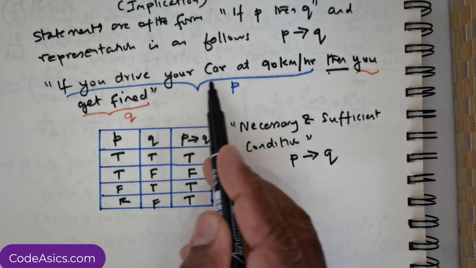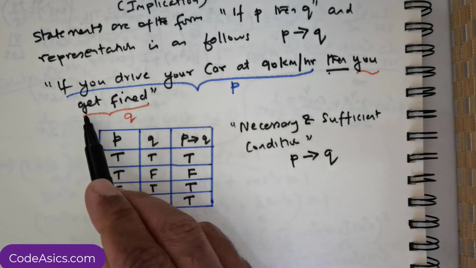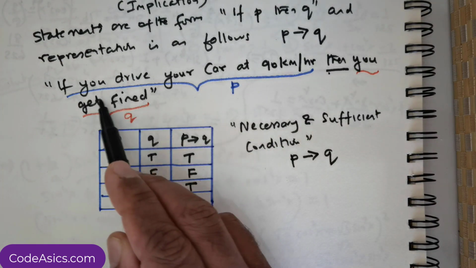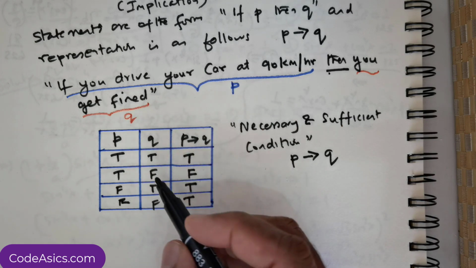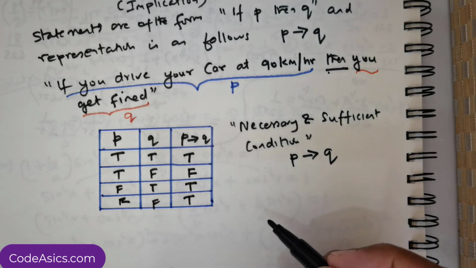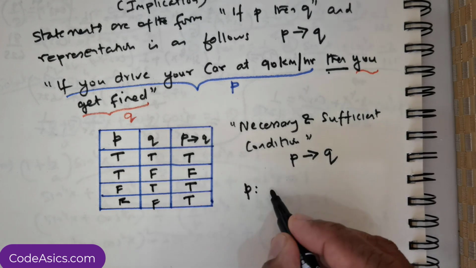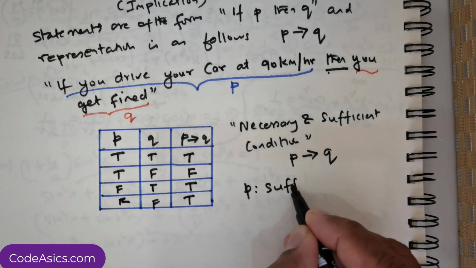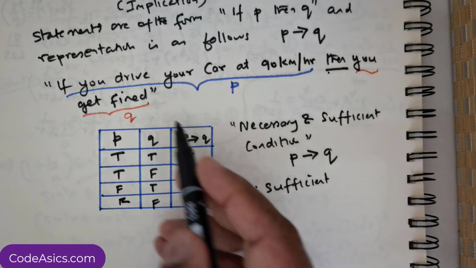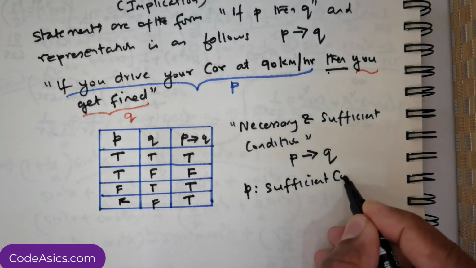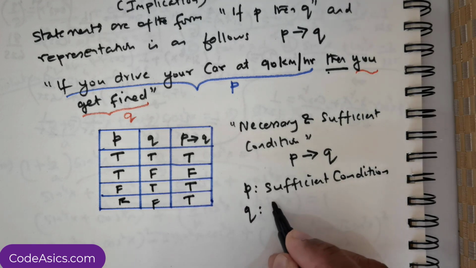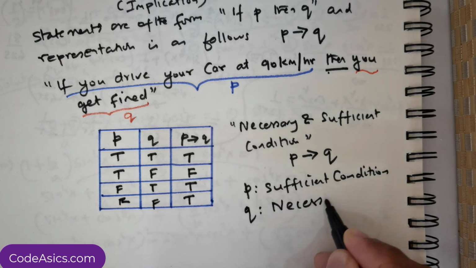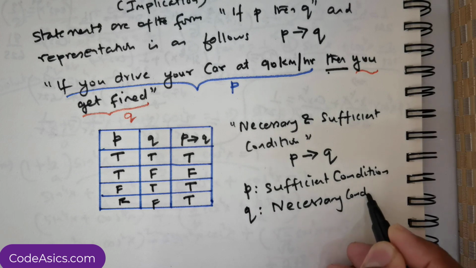If you drive your car at 90 km, then you get fined. I would like to ask you which forms the necessary condition and which forms the sufficient condition. If your answer is P is the sufficient condition, the first part is the sufficient condition and the second part is called the necessary condition.